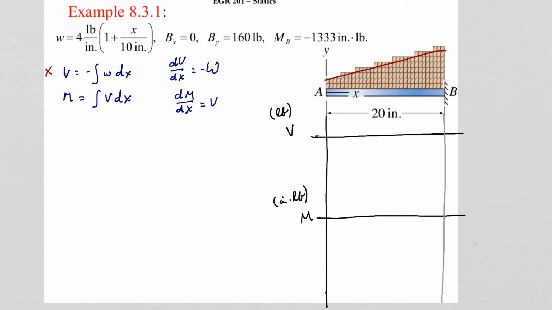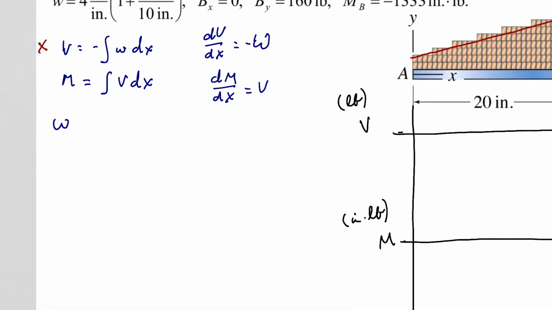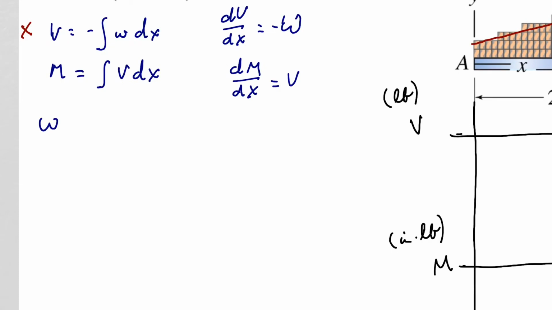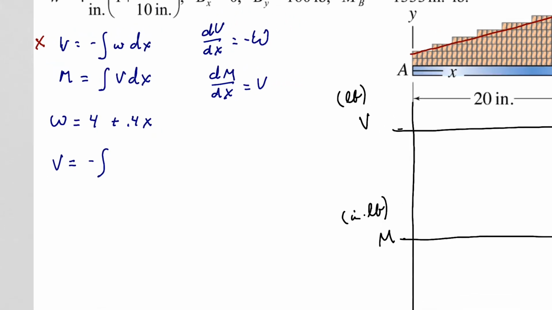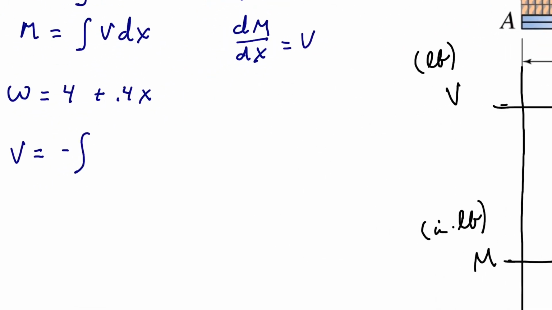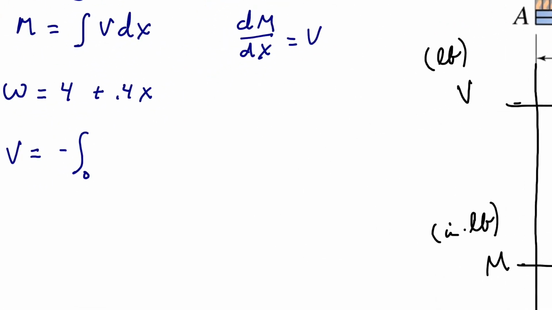Okay, I'm going to rewrite this equation. I'm going to zoom in here a little bit. Our distributed load is equal to 4 pounds per inch plus 0.4x. And now I'm going to integrate that. So again, the shear is equal to the negative of this, going from 0 to 20 of 4 plus 0.4x dx.